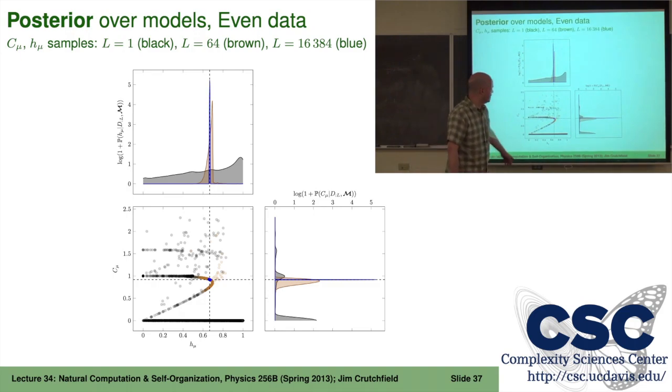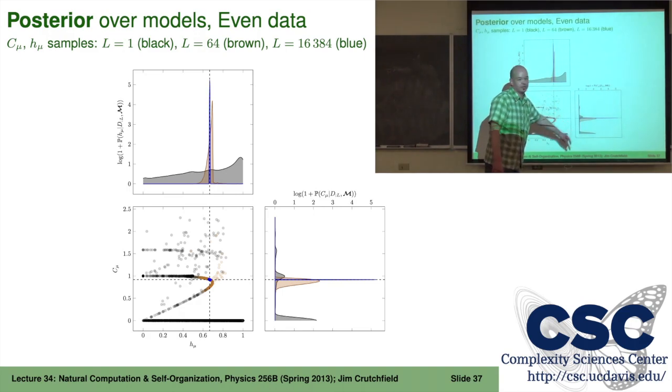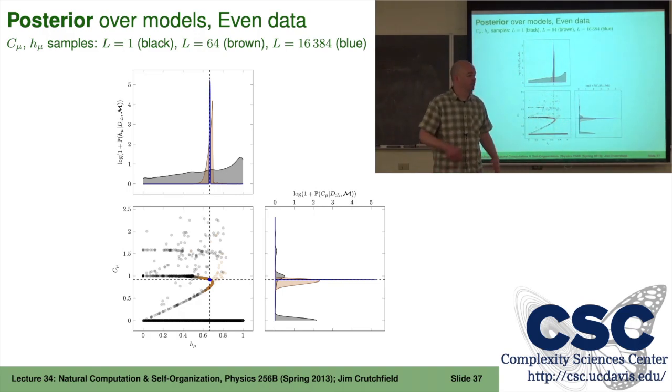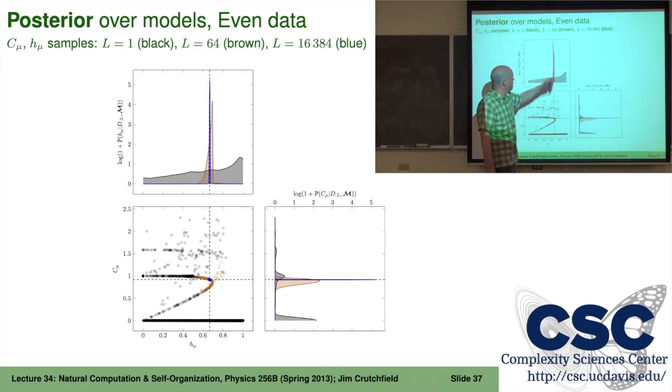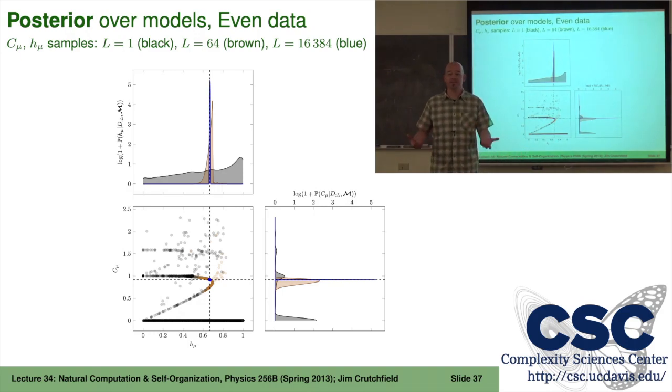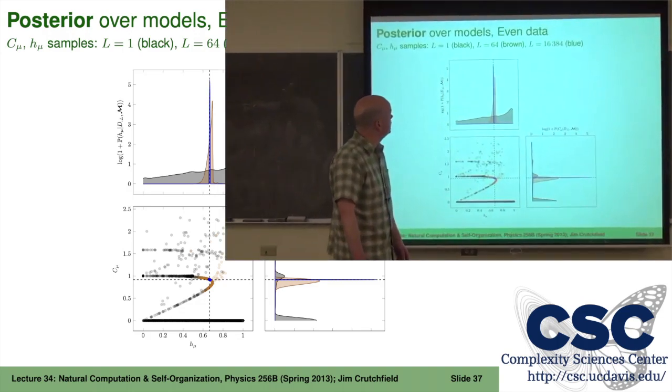The details of the bumps in structure are slightly different because different sets of topologies are being ruled out. But overall, there's a strong convergence just like we had before. And again, this model topology is in the set we're considering, so we would expect it to converge. And it does by 16,000.